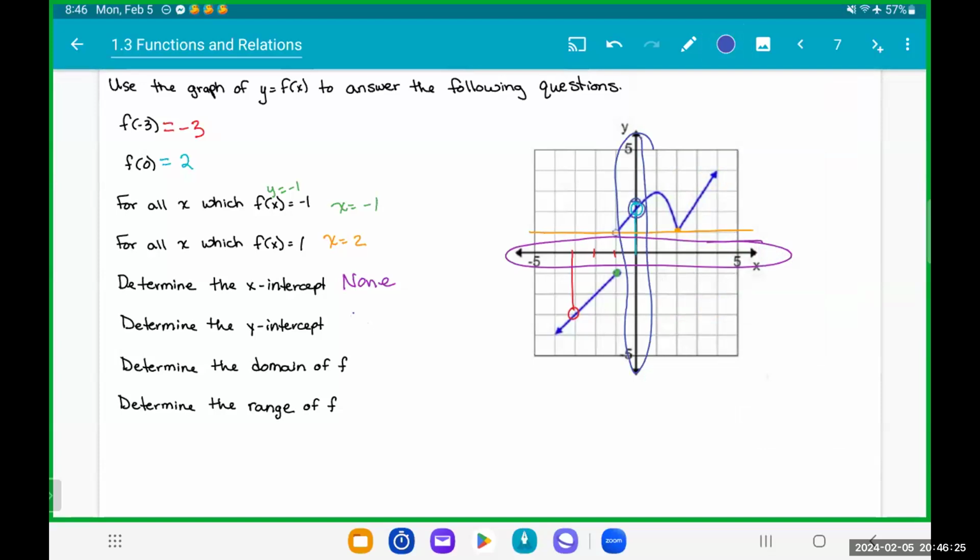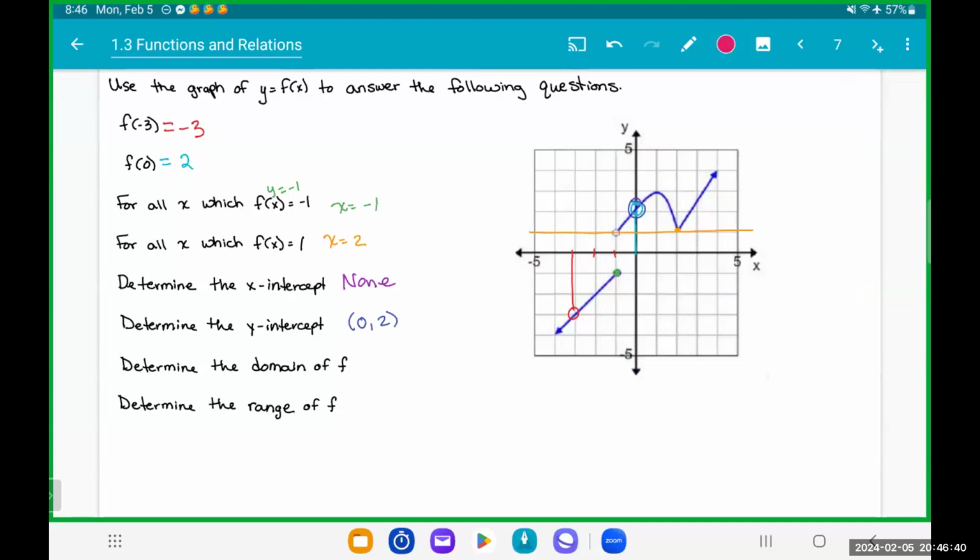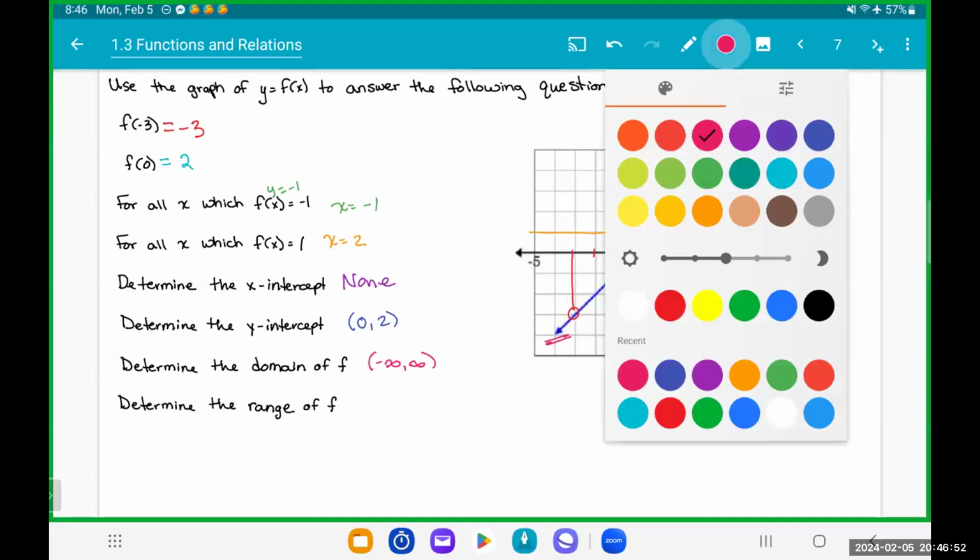That is the location of (0, 2). And then when we determine our domain here, we're going from negative infinity to positive infinity.